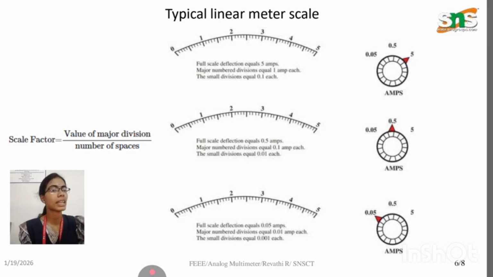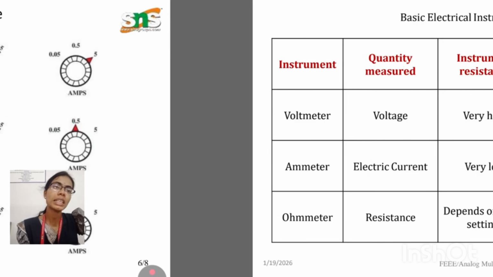In the second scale it is 0.5 amps, with the major division equal to 1 amp in the first, 0.1 amps in the second division, and 0.01 amps in the third division. The small division equals 0.1 each, in the second 0.01 each, and the third is 0.001 each. The scale value is the adjustment of the meter with which we can measure exactly what we want. These are the typical linear meter scales.